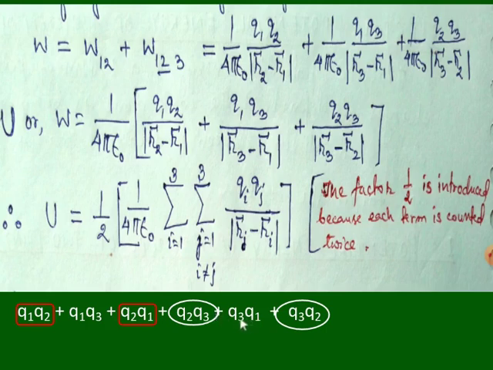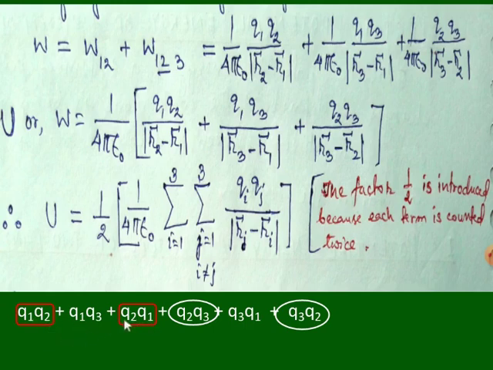And here also Q3 Q1, Q3 Q2. Next it would be Q3 Q3, but I can't take that due to this restriction, so I did not write it. So when you write like this, what happened? Similar terms are coming up twice. Q1 Q2, Q2 Q1. This is just changing the order. This is a product, Q1 times Q2.